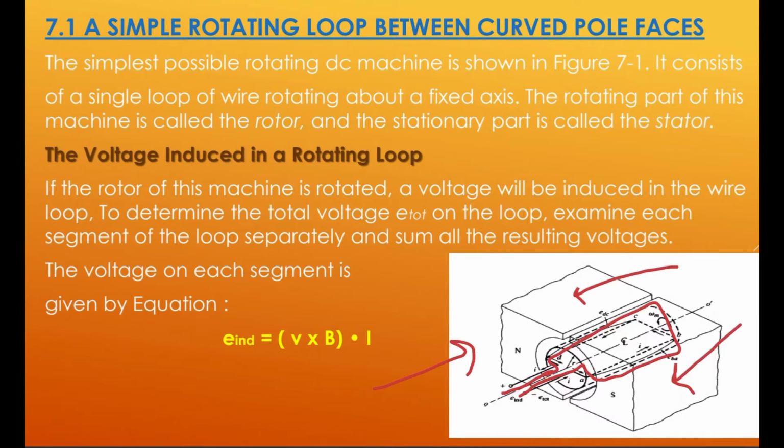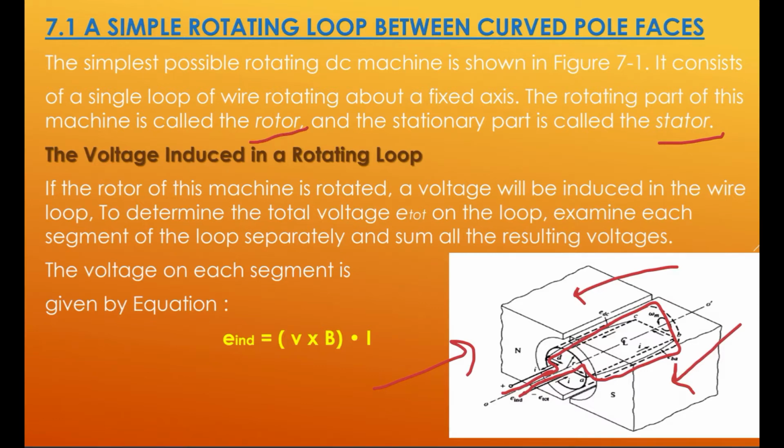It consists of a single loop of wire rotating about a fixed axis. The rotating part of this machine is called the rotor, and the stationary part is called the stator. So we have a rotor and stator.